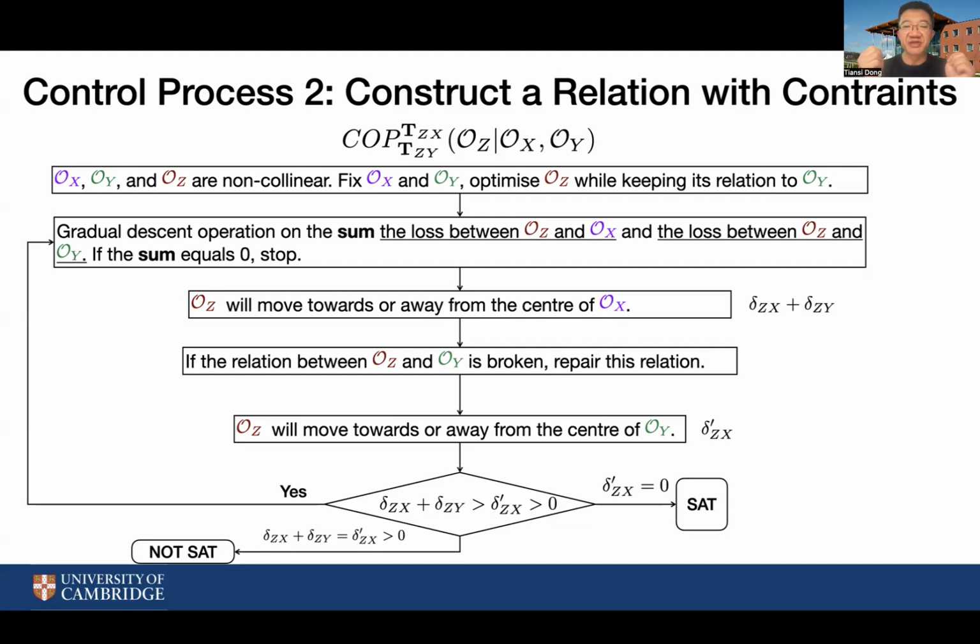We need to prove that after the reparation process, the sum of the two losses is still less than before the reparation. Okay, so in that way, it's still gradient descent.